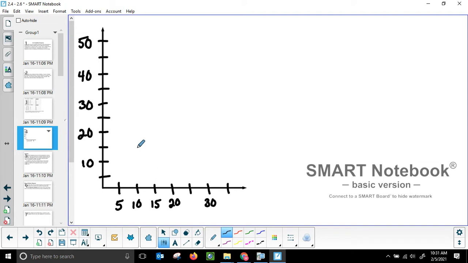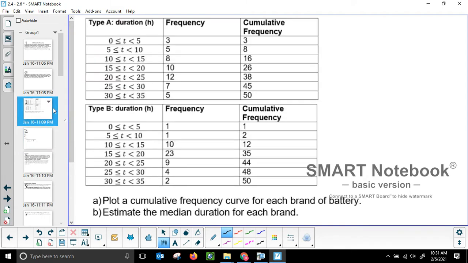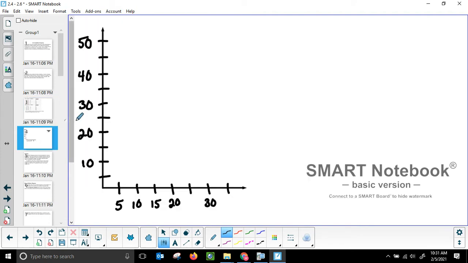Again, it's all from this data, so if you want to follow along in your book as I make this graph. My first point would be 5, 3, and then 10, 8, 15, 16, etc. First, 5, 3 would be somewhere in here. I'll make this a different color just to make it a little bit easier.